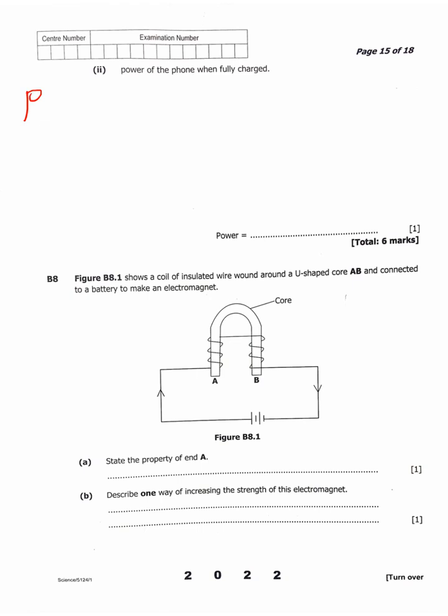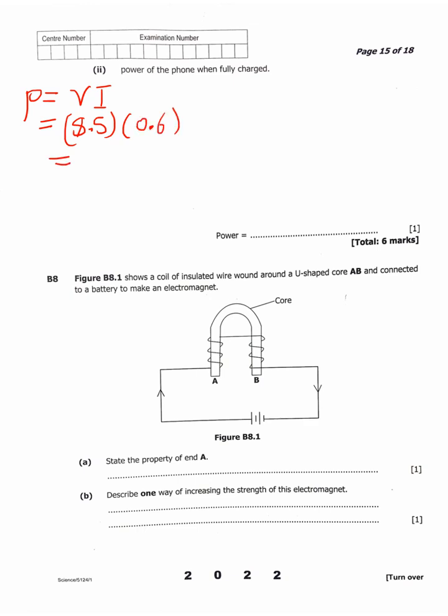So power is equal to voltage times current. So we are trying to find the power of the phone when fully charged. So when fully charged, the voltage is 8.5, because that was the voltage when fully charged, times the current 0.6.